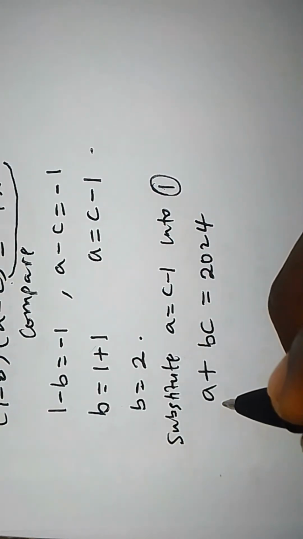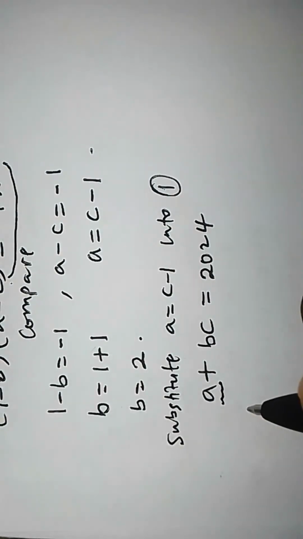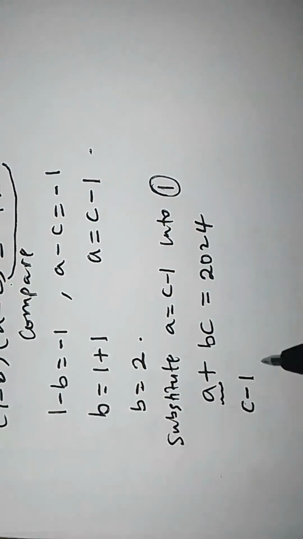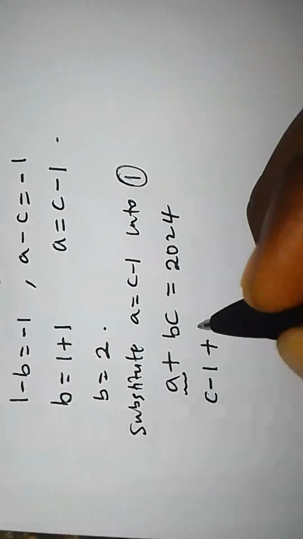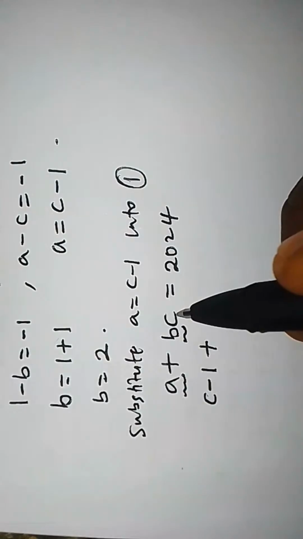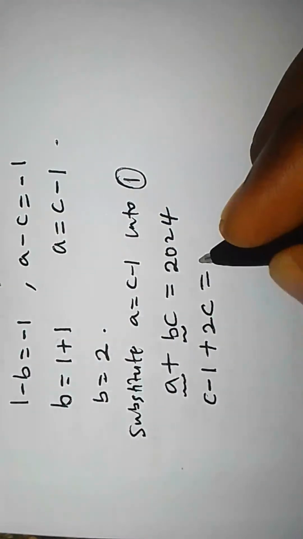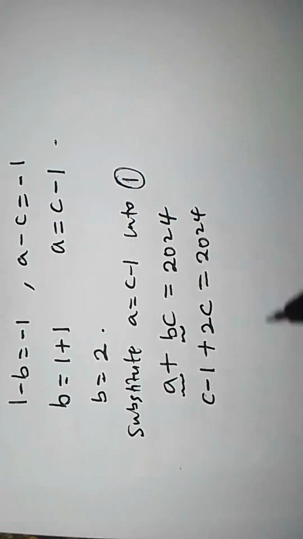Now, in place of a, we will write what? We're going to write c minus 1. So we have c minus 1 plus, and what is b? b is 2. So 2 times c, we have 2c equal to 2024.